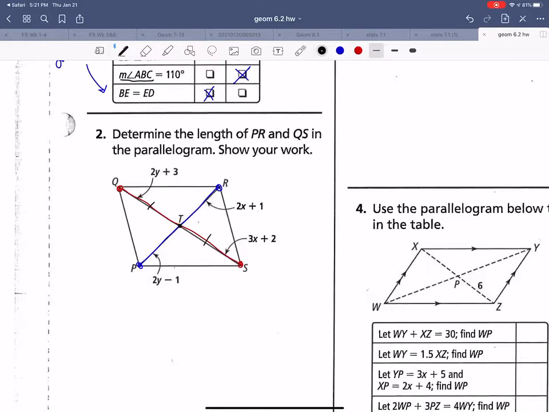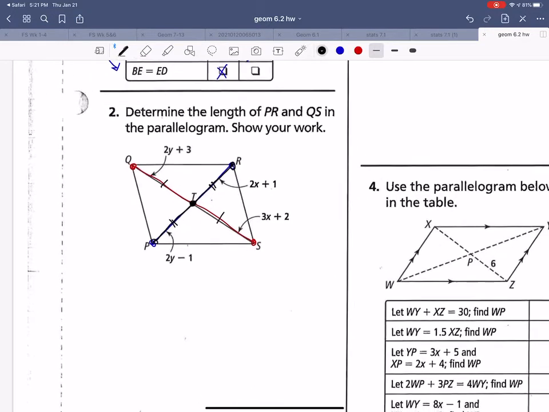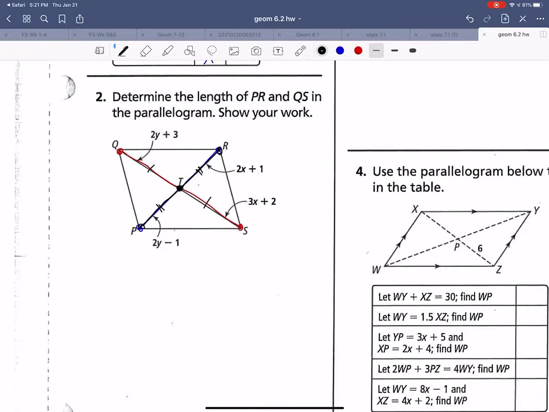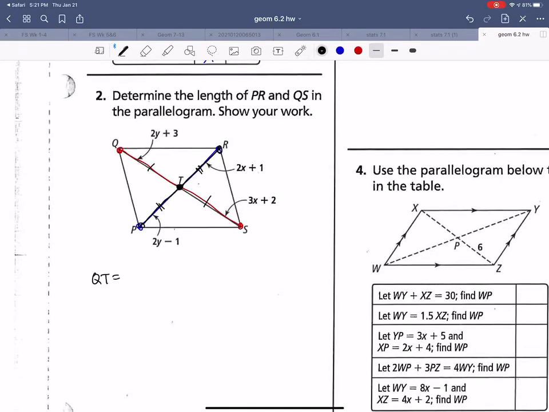What else do we know? We know this length is equal to this length. The blue line was also cut in half. So let's take a look here. The two red, QT has to equal TS. So 2y plus 3 is equal to 3x plus 2.